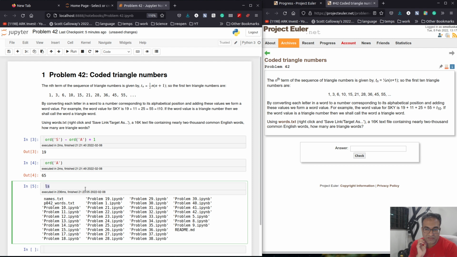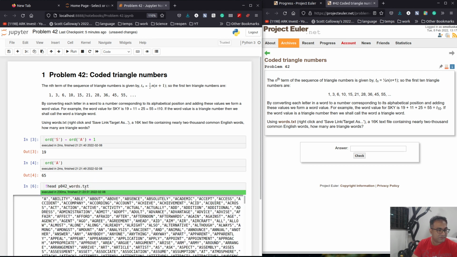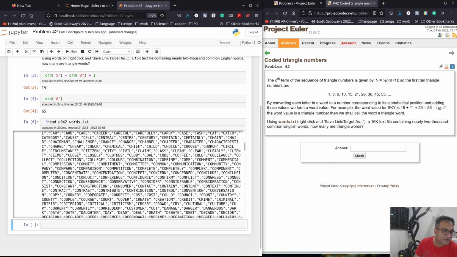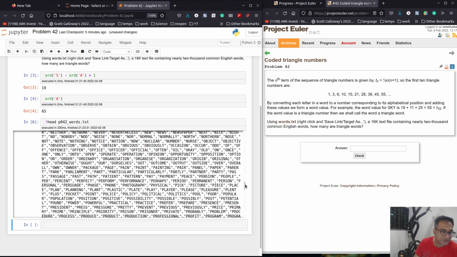It is a 16K file containing nearly 2000 common English words. How many are triangle words? Okay, so let's see. Head p042. Oh, it looks like that.